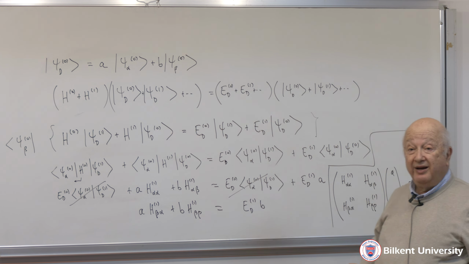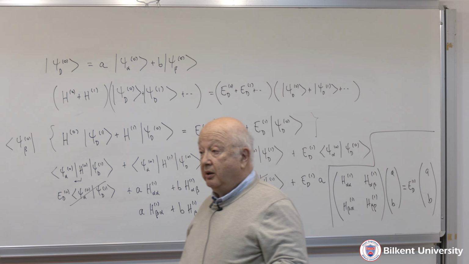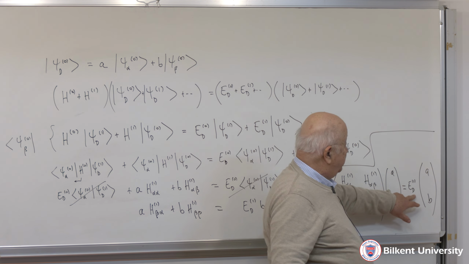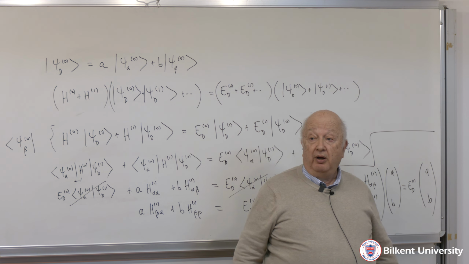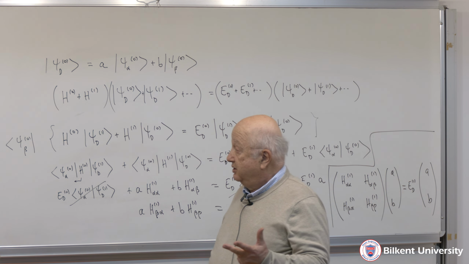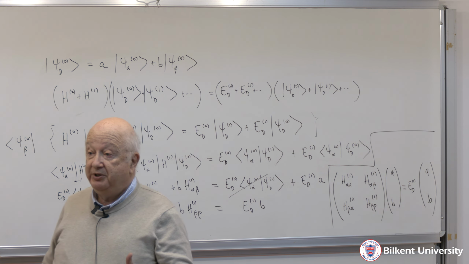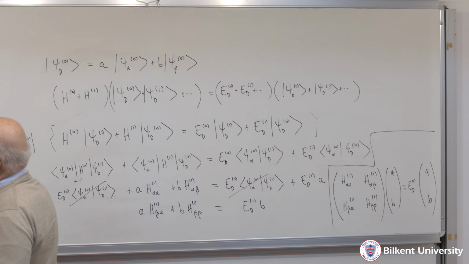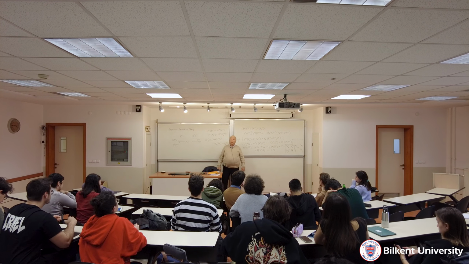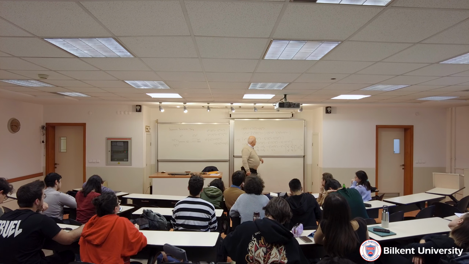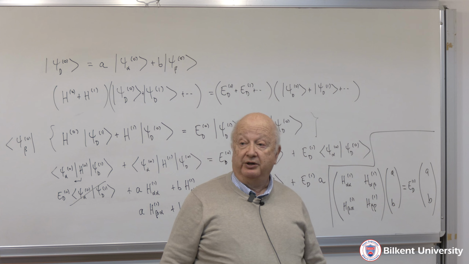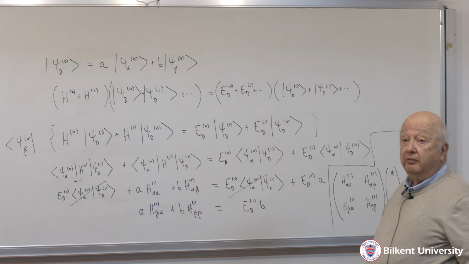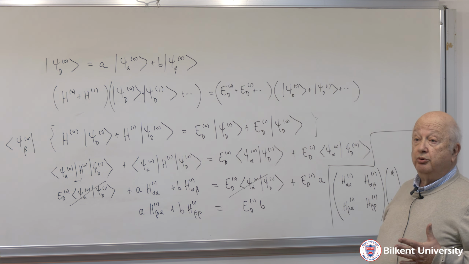So it turns into an eigenvalue equation, and the eigenvalue is going to be the shift in the energy. Since it's a two-dimensional object, I'll get two eigenvalues. One of them will give me the shift for one of those energies, the other one will give me the shift for the other energy. It also gives me the a and b, which I am going to use.